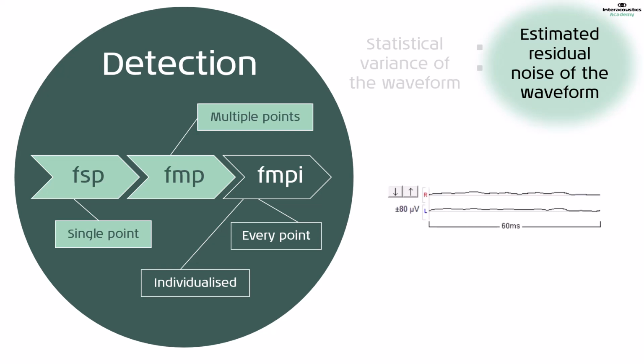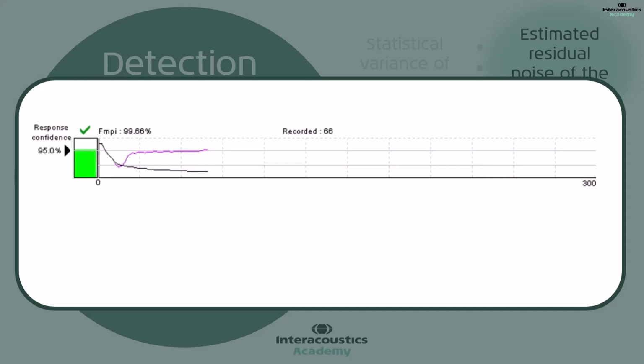The end result is that with FMPI, the detection of a cortical response can be established with fewer numbers of sweeps and thus less time than FSP or FMP in the majority of patients.